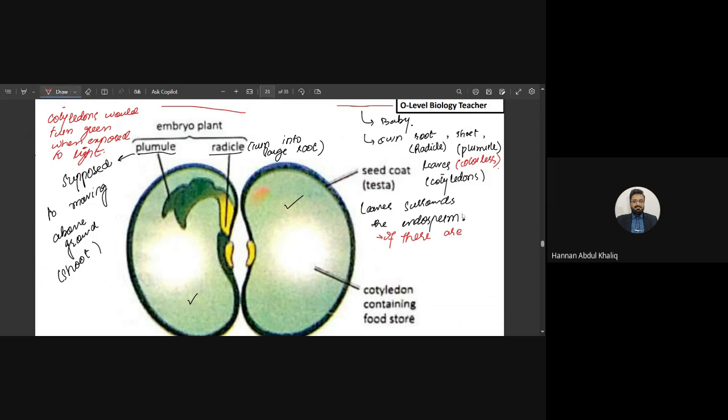Leaves surround the endosperm, and if there are two leaves, they would totally cover the endosperm, and the seed would be called a dicotyledon.